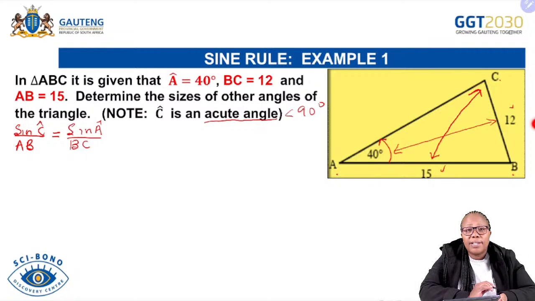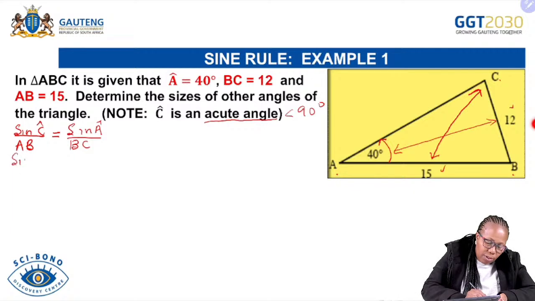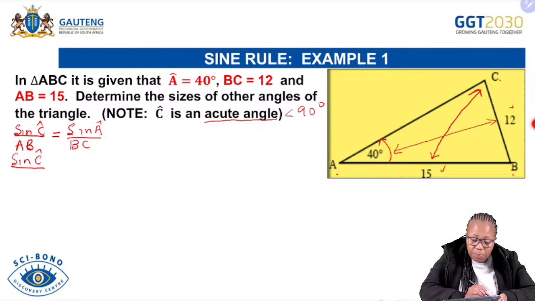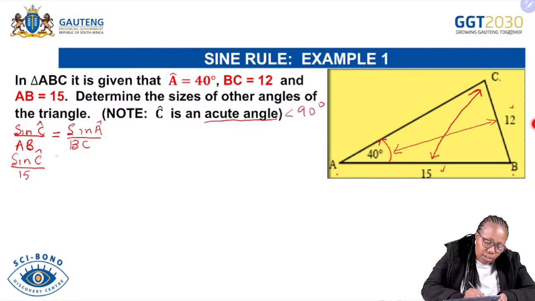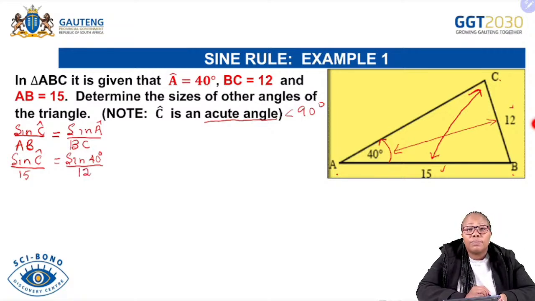After identifying the correct ratios, now we can substitute. We are looking for C. Therefore, sine C over AB, which is 15, equals the sine of A. What is the value of angle A? Angle A is equal to 40 degrees, over the side BC, which is equal to 12.